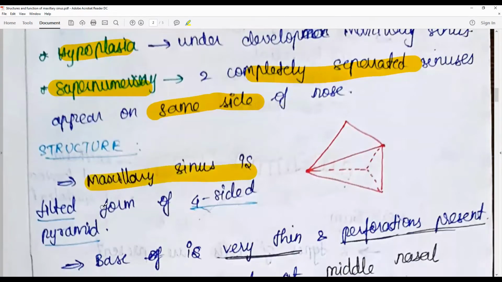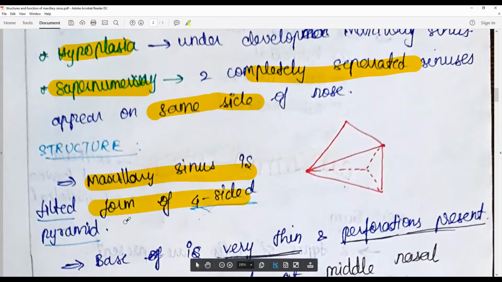Structure-wise, the maxillary sinus is a tilted four-sided pyramid with the apex lying along the tip of your nose. The other sides are the base of your orbit, the lateral wall of the nose, and the front.